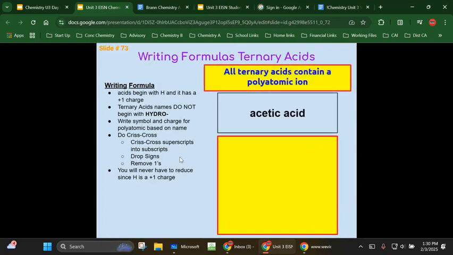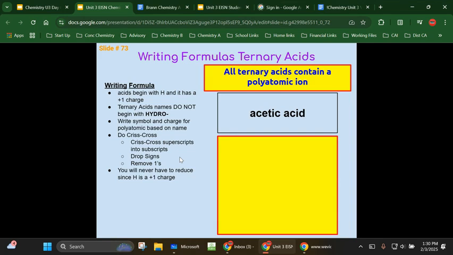All right, so acetic acid. First of all, what do you notice not at the beginning? No hydro, right? Now, that means there's no hydrogen involved, correct? No, hydrogen is still the first element in your compound.